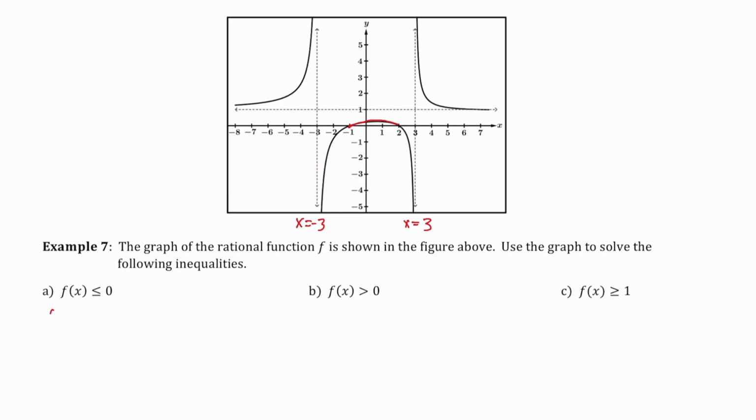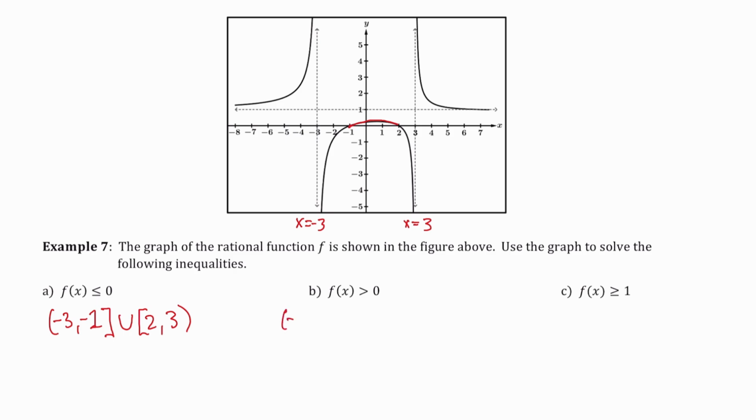So then don't include -3 to -1. We're going to include that since we're looking for less than or equal to 0. Then you include 2 and do not include 3 because that's a vertical asymptote. And now we're looking for greater than 0, not greater than or equal to, just greater than 0. So we're going to include this and this. Pay attention to that vertical asymptote.